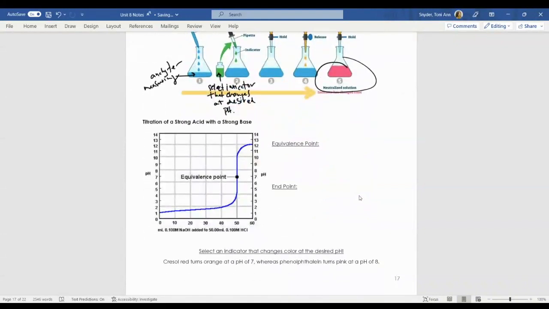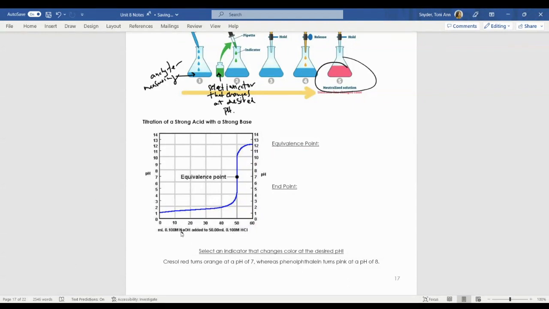And what we could do with titrations is we could plot how the pH changes as we go through a particular titration. So in this particular image, we see how the pH is changing as I add some 0.100 molar sodium hydroxide to 50 milliliters of 0.100 molar hydrochloric acid.